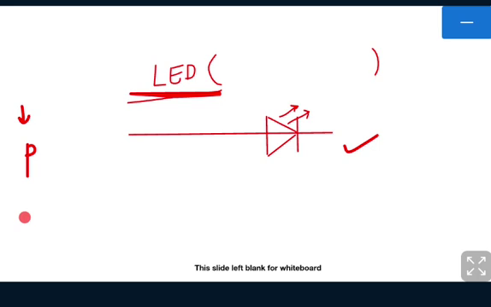Now you have to write that LEDs use a much smaller current than other types of lighting.